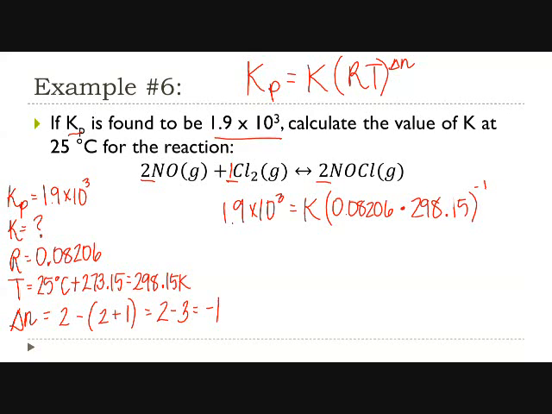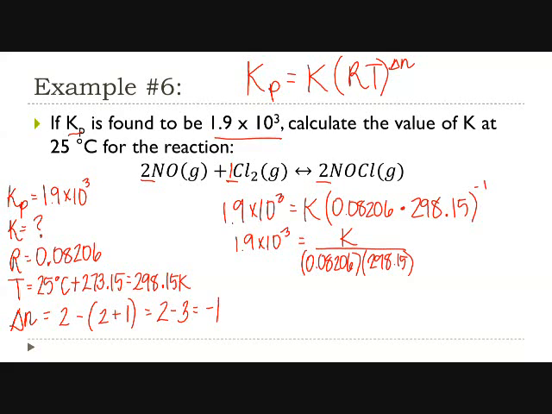Does anybody know, like mathematically, what we can do if it's to the negative 1? What does that mean? Yeah, so it's like the inverse. So what I did on my paper to help me figure it all out is I kept K in the numerator, because that's being multiplied, and then put these 2 on the bottom. So that helps me visualize what to do next. If you find that that's helpful, you can do that. Okay.